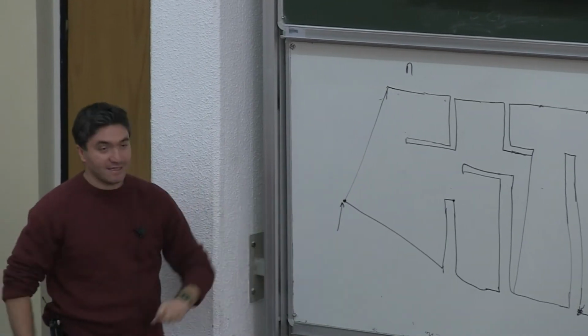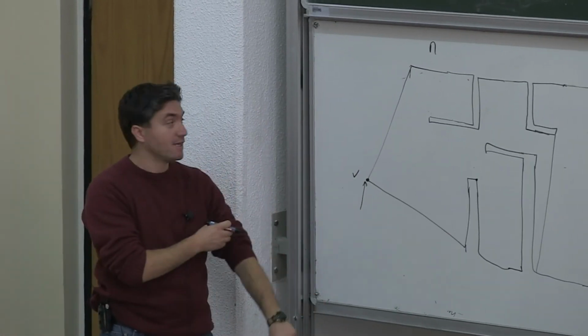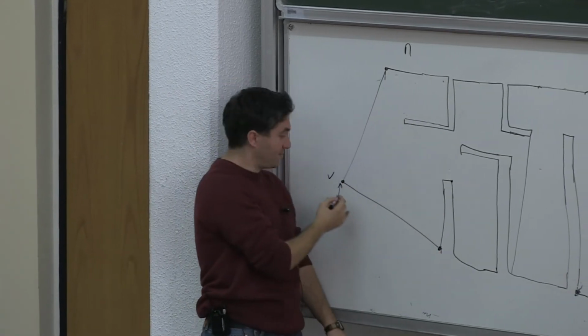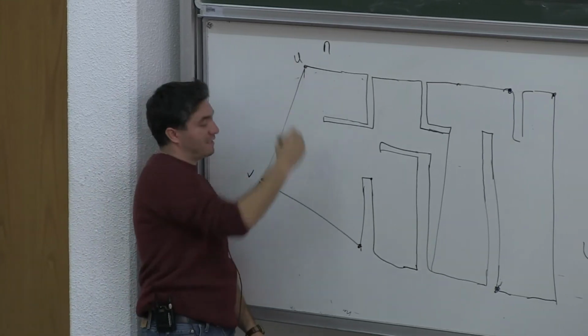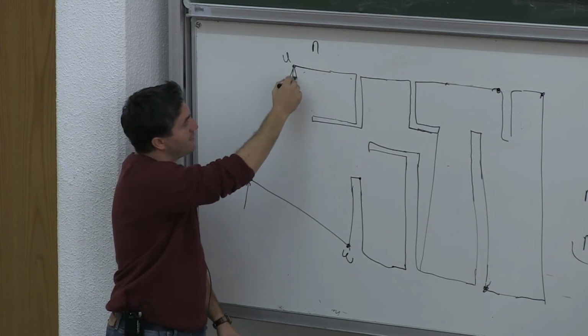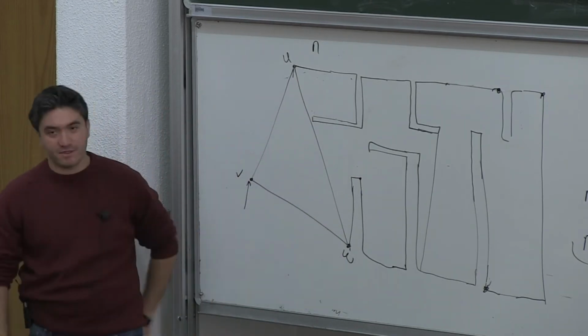Then after I select this vertex V, I connect its neighbors. Since this vertex is incident to 2 edges, it has 2 neighboring vertices named U and W. I connect this U and W.